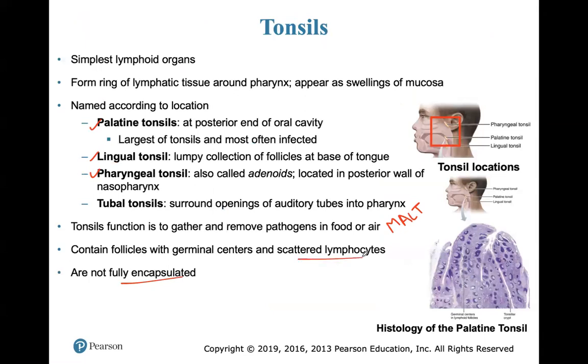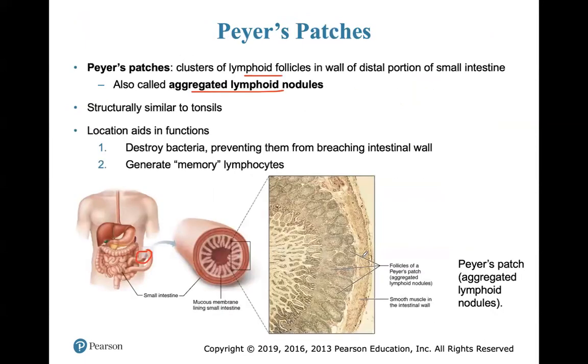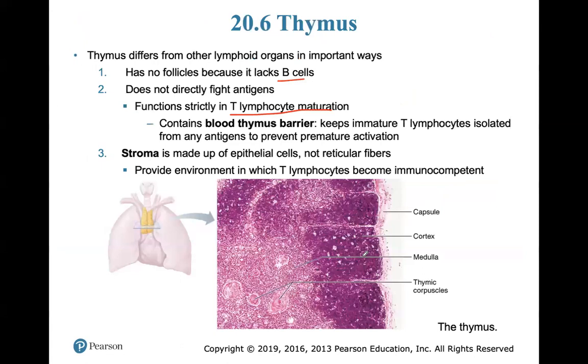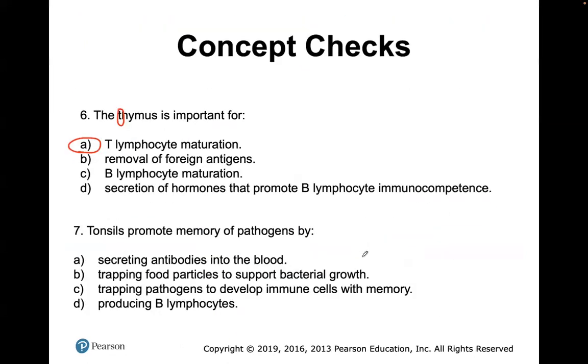These lymphocytes can detect that pathogen and develop memory, because a huge function of lymphocytes is to develop immunological memory, which we'll talk about next chapter. In tonsils, the same thing happens because lymphocytes are present there.